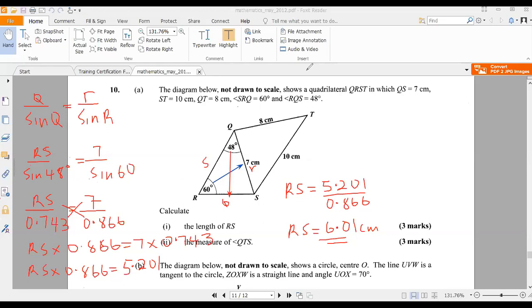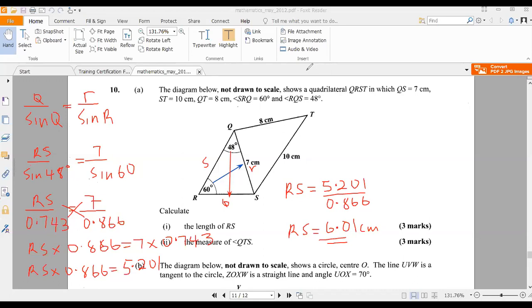They will twist questions left, right, center, but you just have to apply your knowledge. That's very important. We good so far?